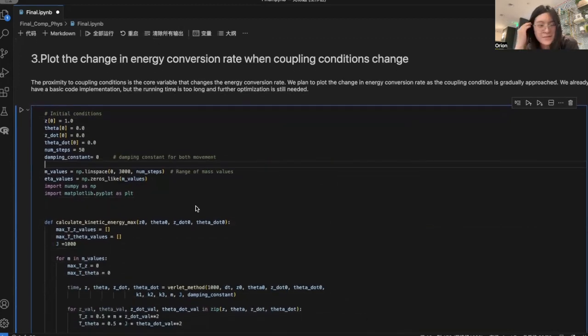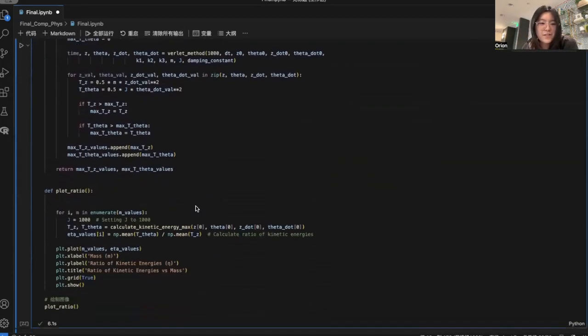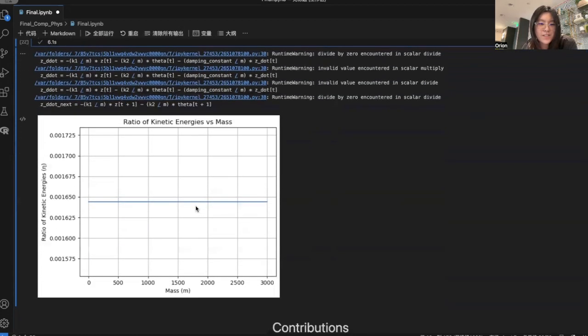And the third part is we want to plot the change in energy conversion rate when the coupling conditions change. We also wrote code for it, and we change the value of the mass so that we can control the ratio of the mass to the factor K1.